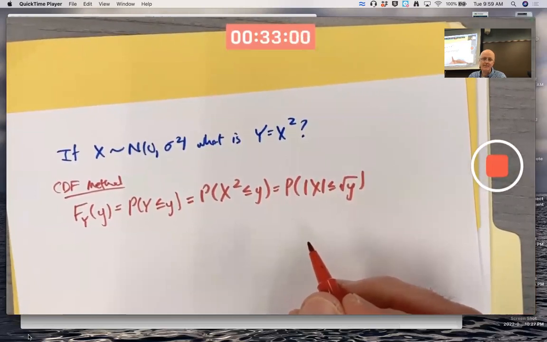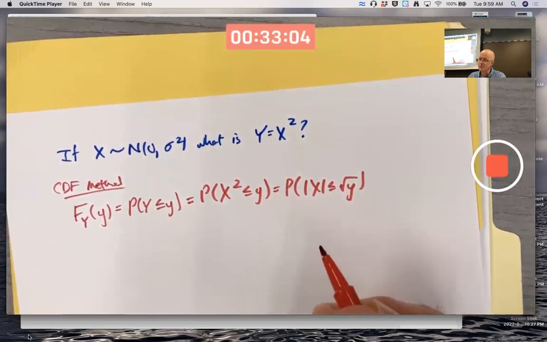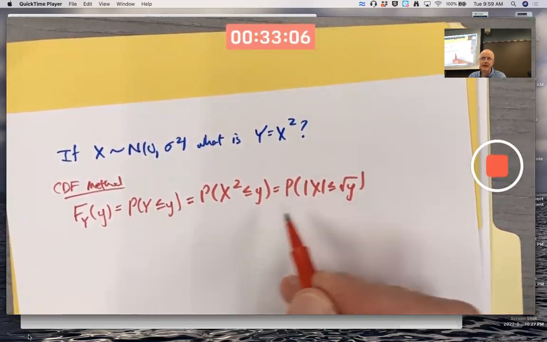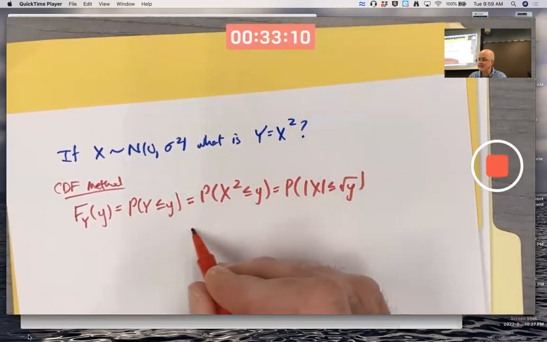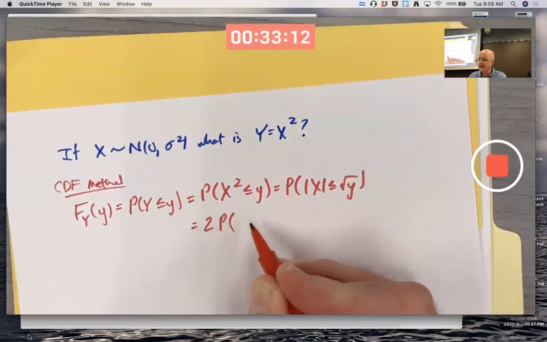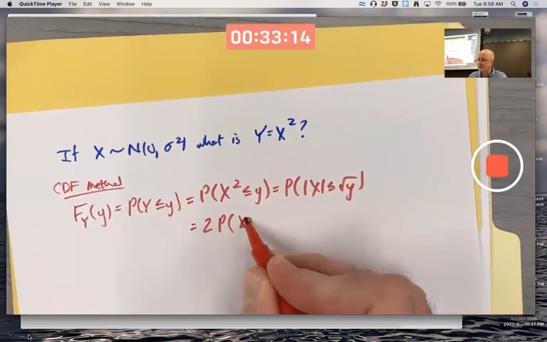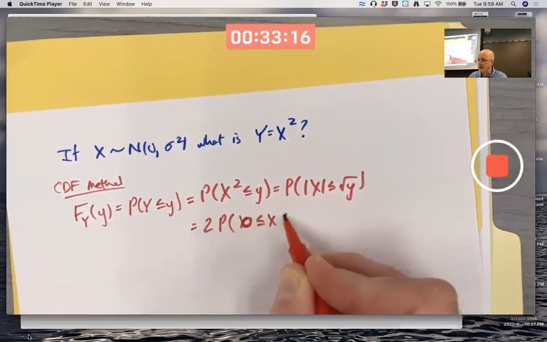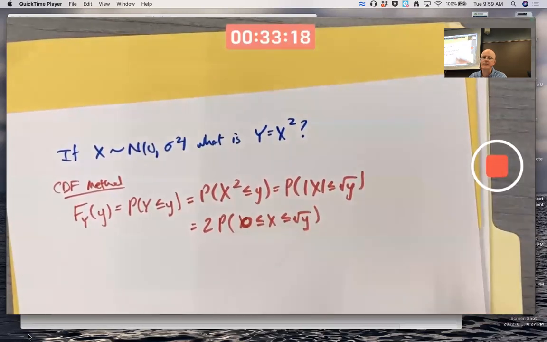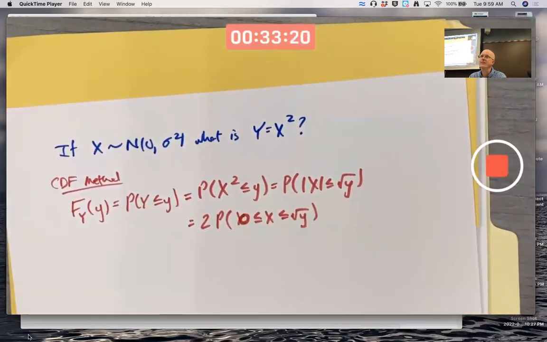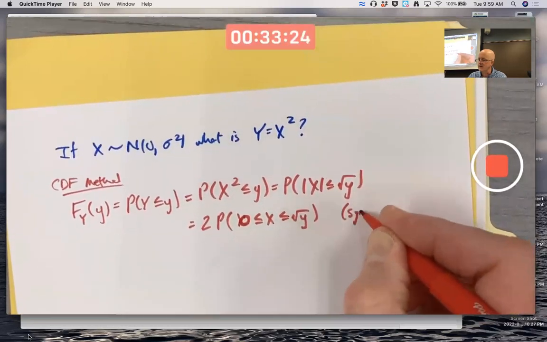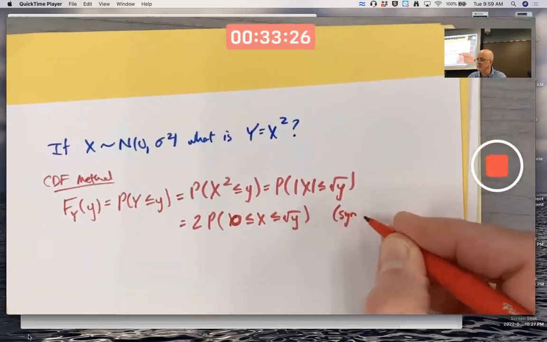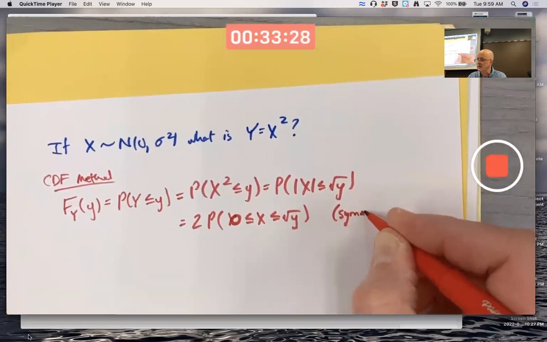Which by symmetry is the same as the probability that X is between negative square root of Y and positive square root of Y. By symmetry, that's the same as 2 times the probability that X is between 0 and the square root of Y. That's symmetry, right? It's a normal distribution centered at 0.